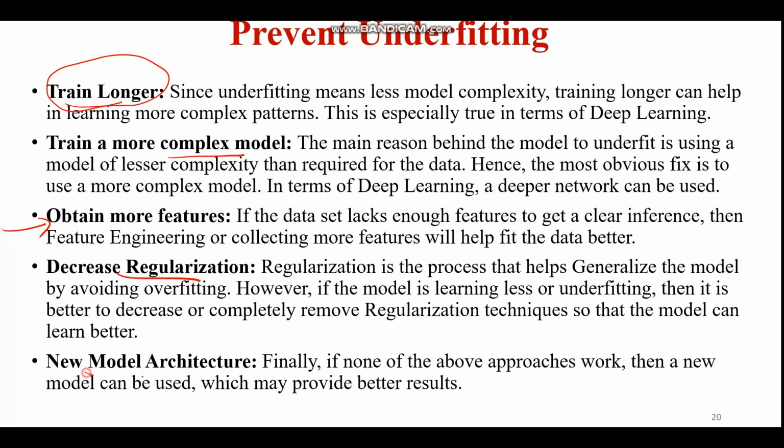At the end, if we have not got the solution, then we can go with a new model architecture. So it is an approach that we can try for a better result. So I hope you have got the idea of underfitting and how to prevent it. Next we will proceed with overfitting, how to prevent it and how it can be visualized.